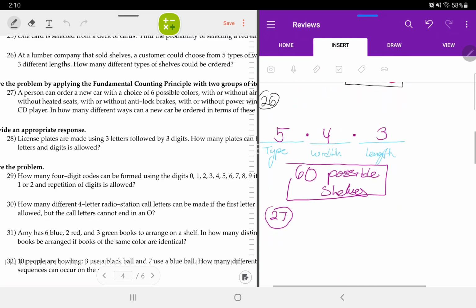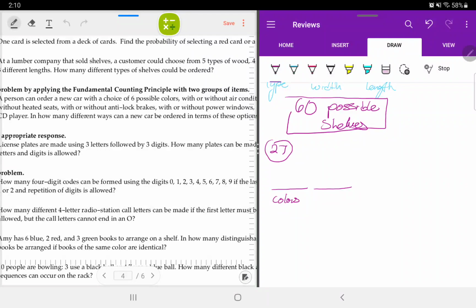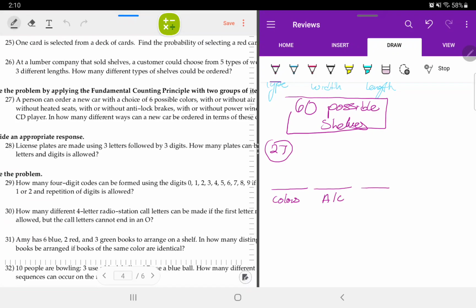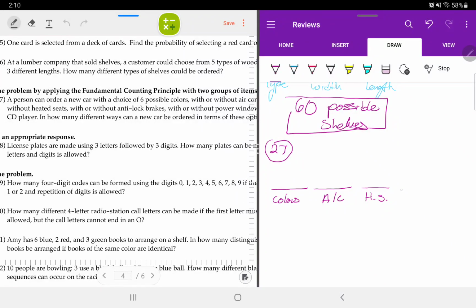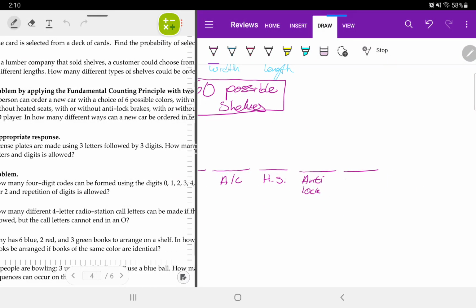Okay. So for number 27, we have colors. Then we have air conditioner, which I'm going to call AC. We have heated seats, which I'm going to call HS for heated seats. We have anti-lock brakes. So I'm going to put anti-lock. We have power windows.